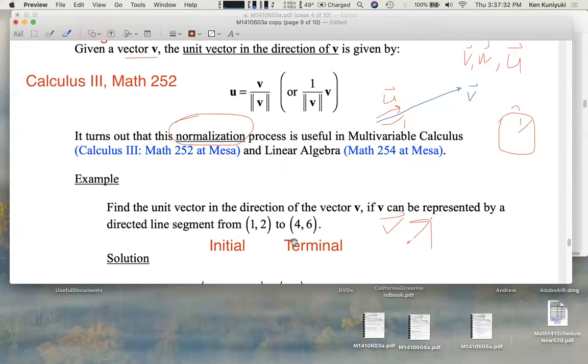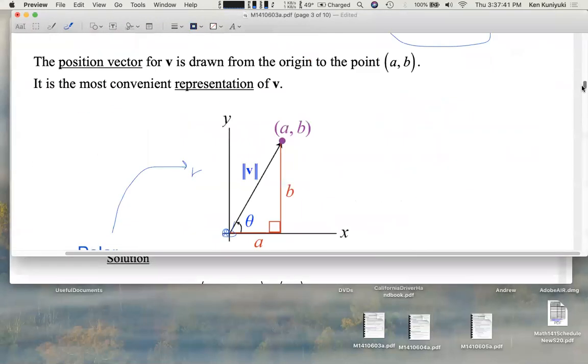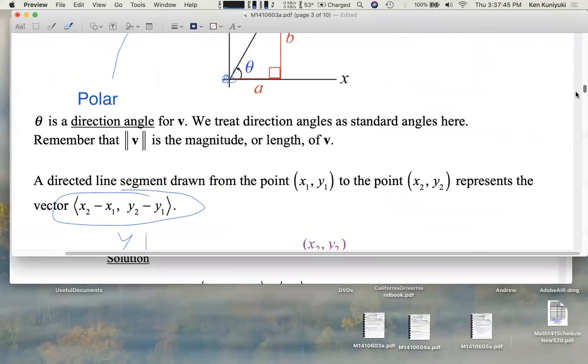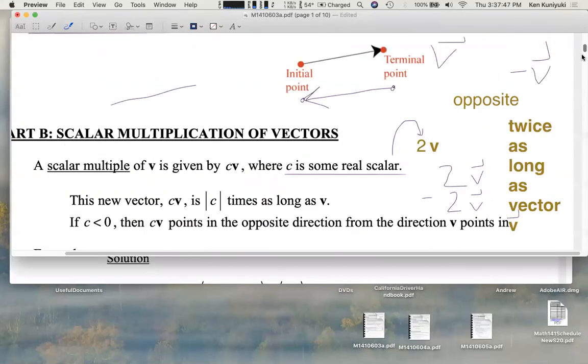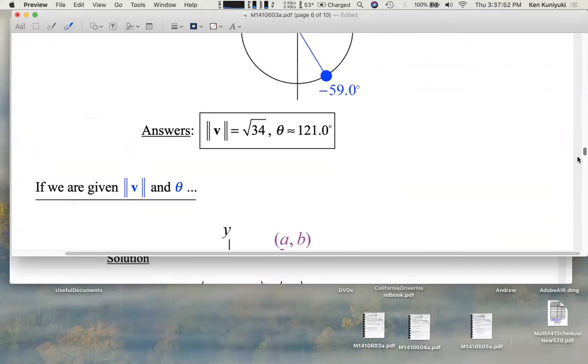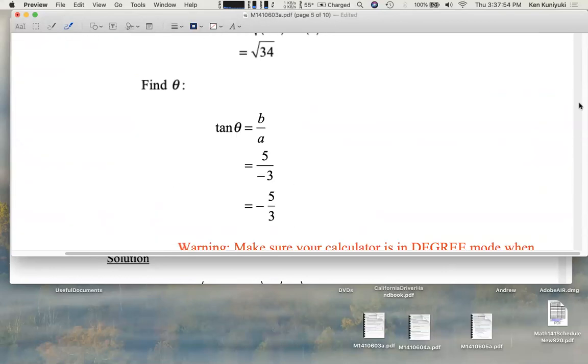We basically subtract the x coordinates, new minus old, and we subtract the y coordinates, new minus old. Remember that formula way up here. Where was it?